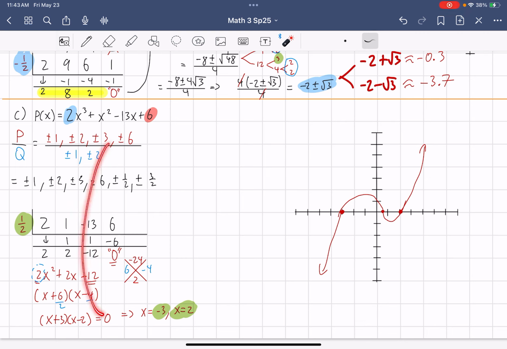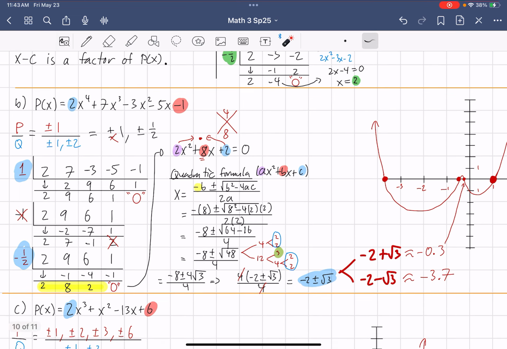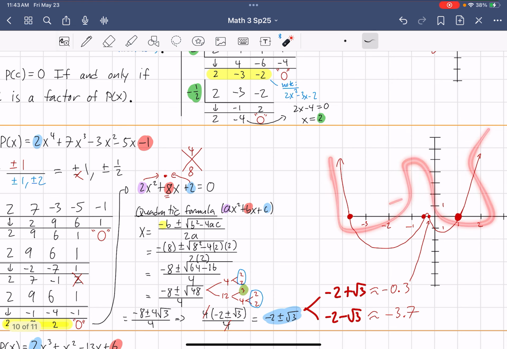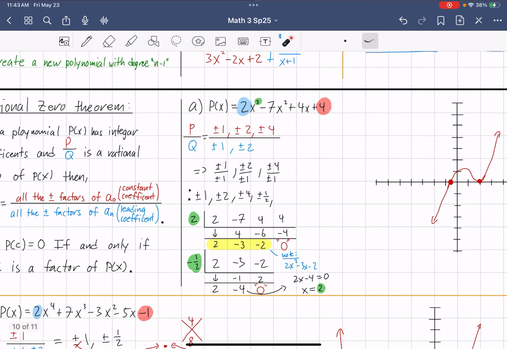And that's it. Once you can get your zeros, the graphs happen really quickly, right? And I just want a rough sketch. I don't need it to be perfect. I also don't want it to be just some random graph, but that's the breakdown of using synthetic division.